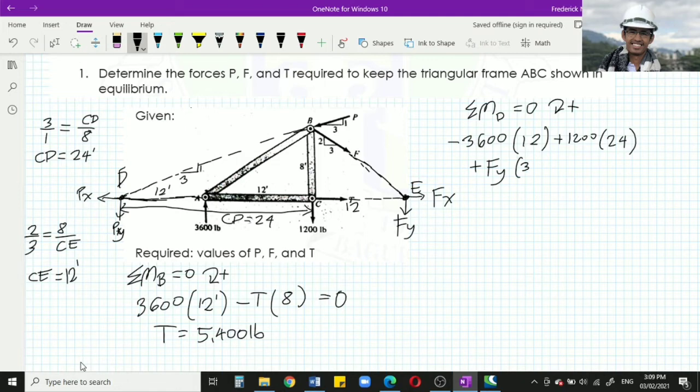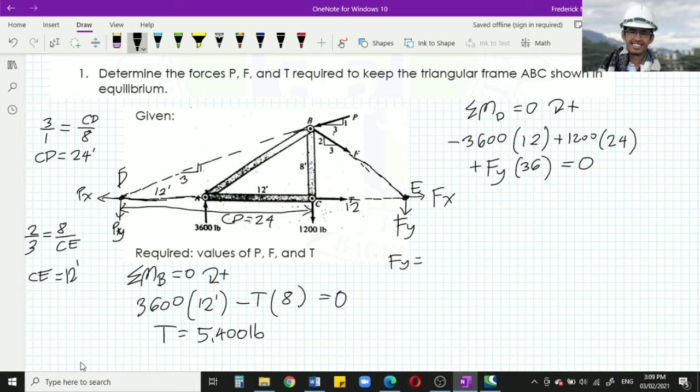Okay? So yung FY pala natin is equal to, so yung sa summation moment of D, that is equal to 0. Okay? So yung FY natin, is equal to yung component ng F. Ano yung hypotenuse ng 2 and 3? That will be square root of 13.